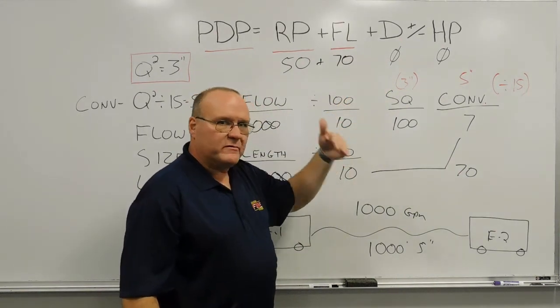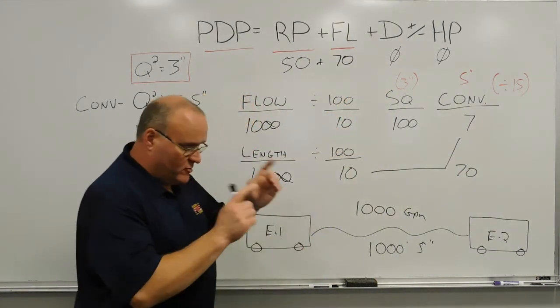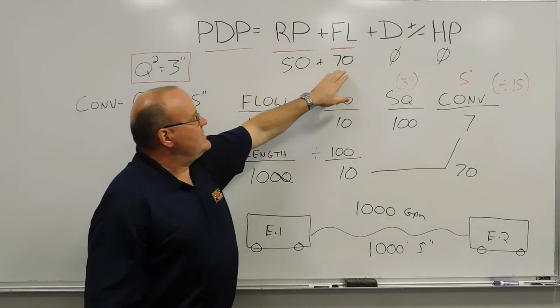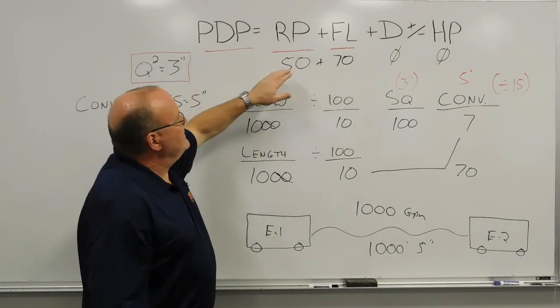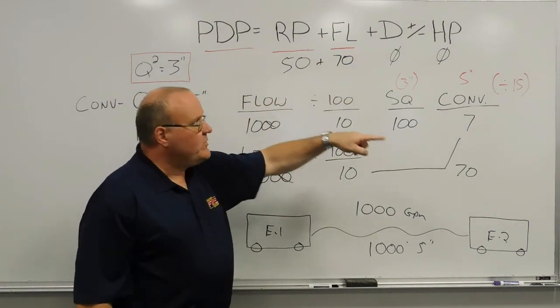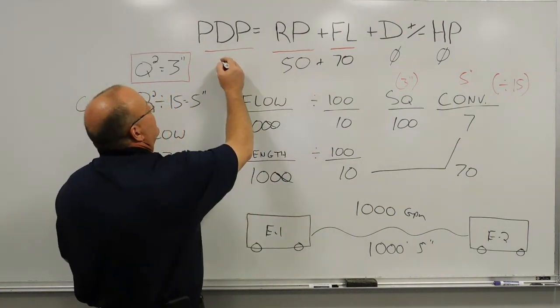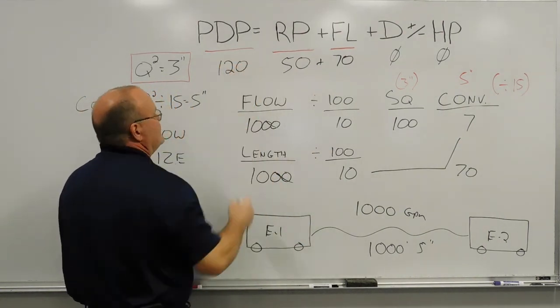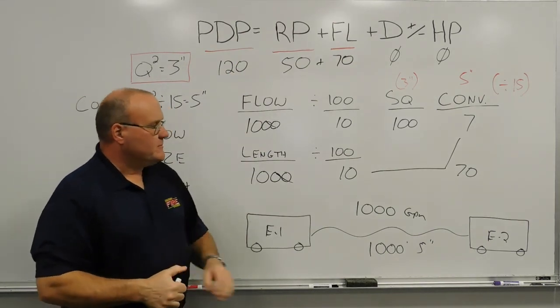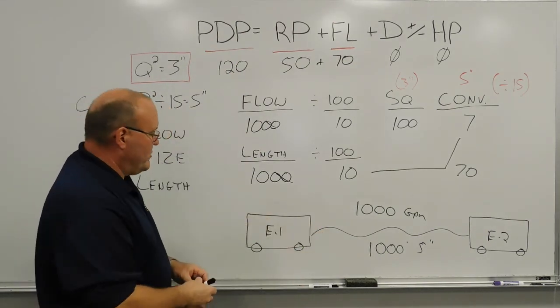Always get in the habit of accounting for them to make sure that you remember to account for them. Friction loss of 70 pounds and the residual pressure at the end at the other pump of 50 pounds. So we put those two together and we should have 120 pounds of pump discharge pressure for this example.